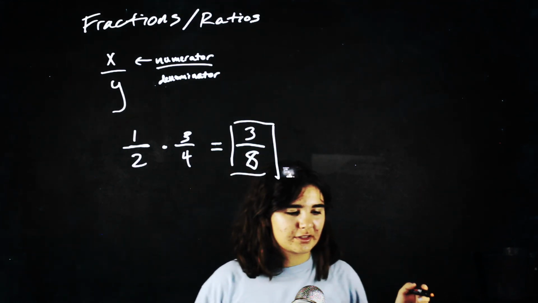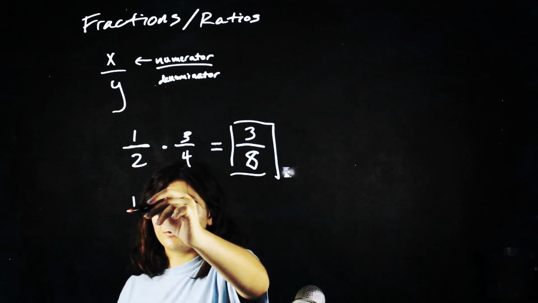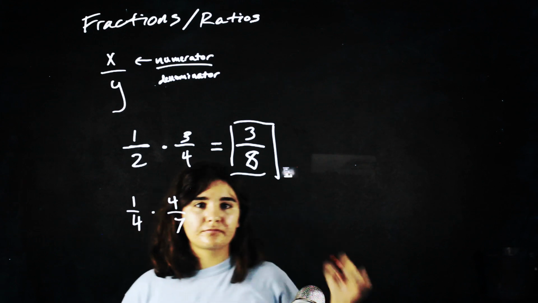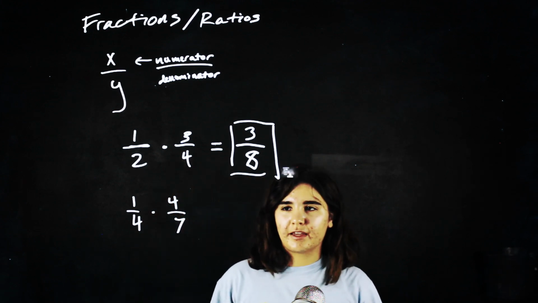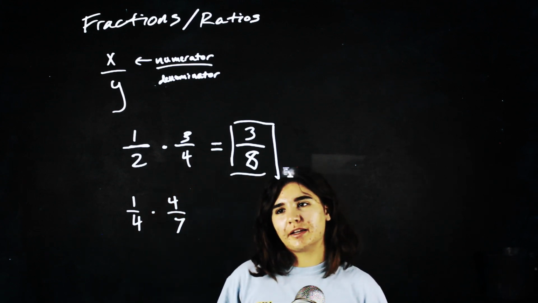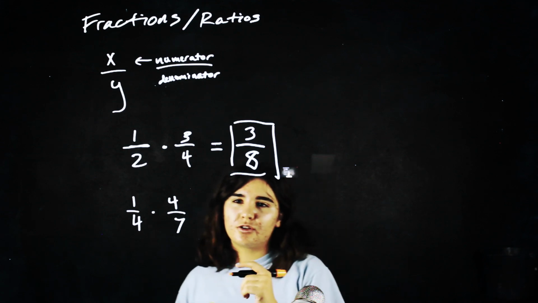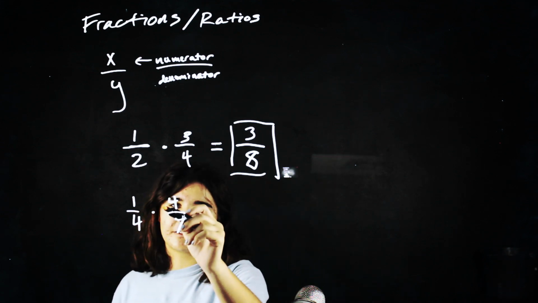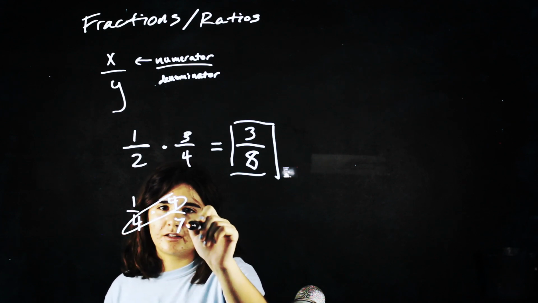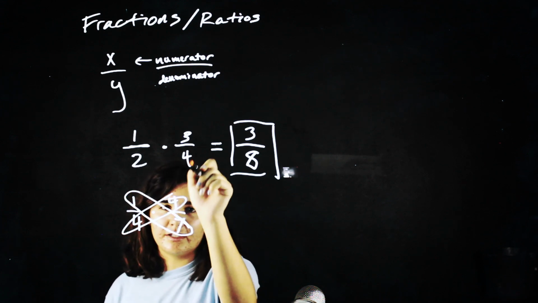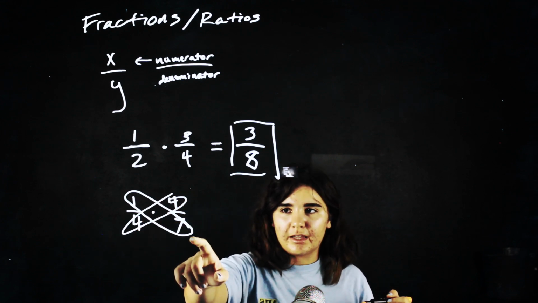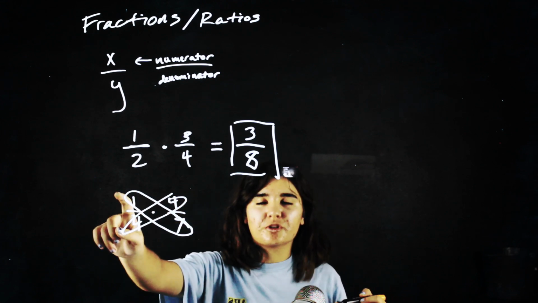Okay, let's do another example. We have 1/4 times 4/7. In this case, the cool thing with multiplying fractions is that you can do something called cross-canceling. It's called cross-canceling because you can cancel the denominator of one with the numerator of the other, and the denominator of the other with the numerator of the other.